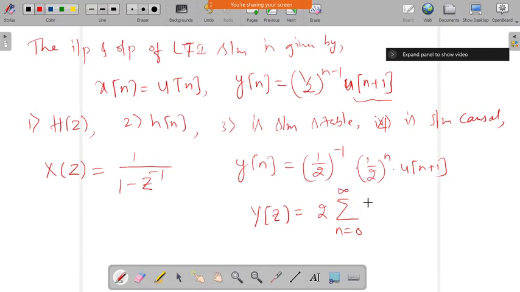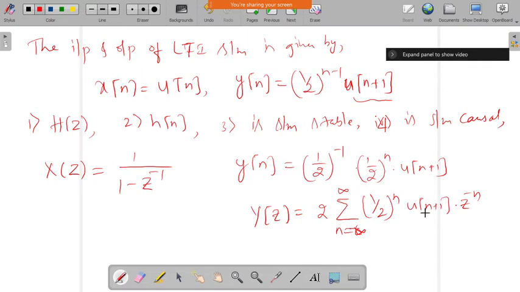So now for this y of n, if you write the equation, summation from minus infinity to plus infinity of half power n into u of n plus 1 into z power minus n. This is what the Z transform is.